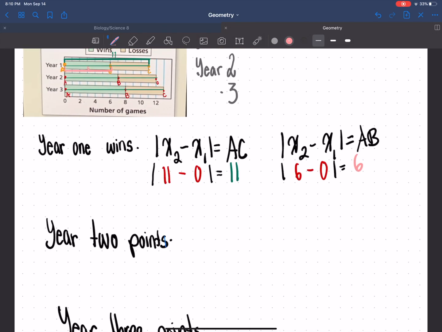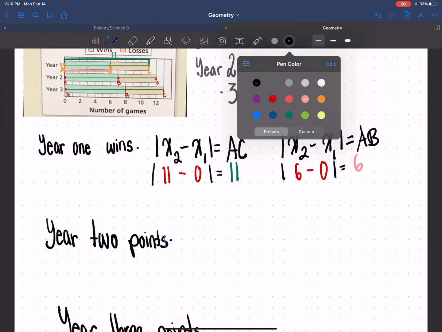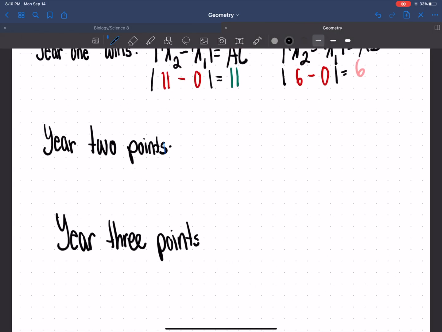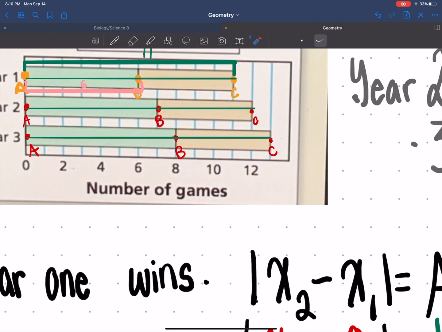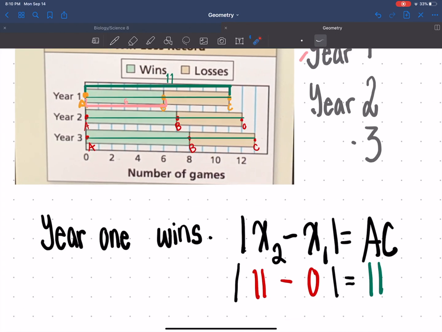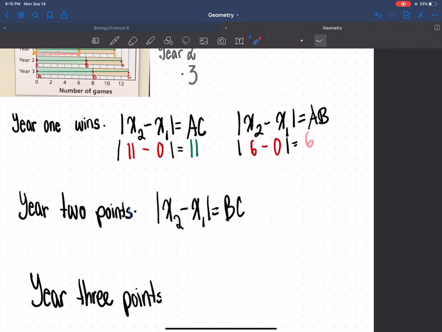Then we're going to move on to year 2. It's the same thing with year 2. Let's find the value for B and C. That would tell us the total number of losses, because the distance is equivalent to losses: how many games the lacrosse team lost in year 2.